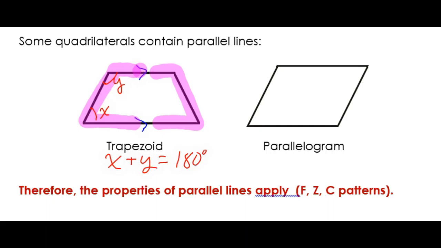Secondly, a parallelogram. A parallelogram has two sets of parallel lines. So here's a set of parallel lines, and there's the second set. So with parallelograms, what we just saw with trapezoids, our C pattern, still exists. So for example, right here, that certainly exists.